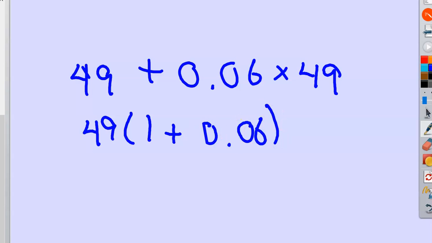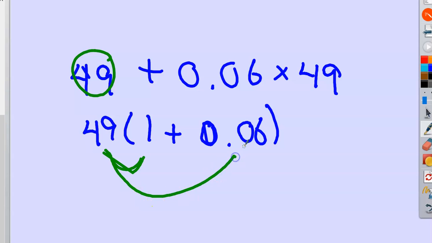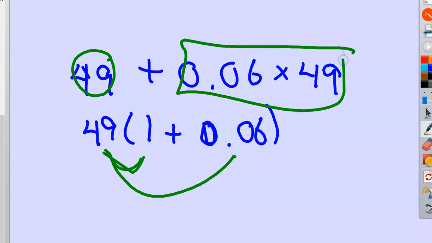Okay, and what you're doing is saying, look, if you use the distributive property on this, you'd say 49 times 1 is 49, and 49 times 0.06 is right there. Okay, so I've essentially just taken this statement and made it a little simpler looking.